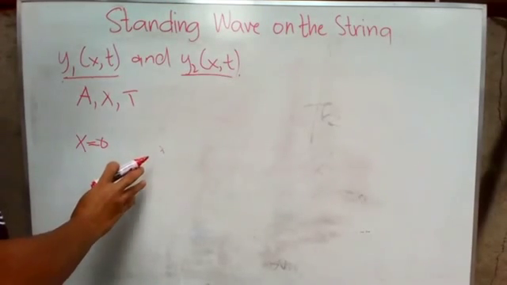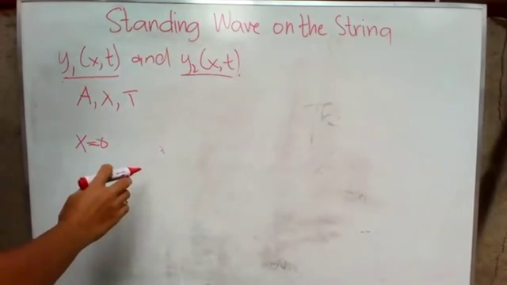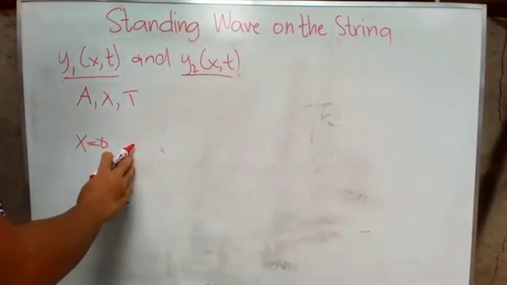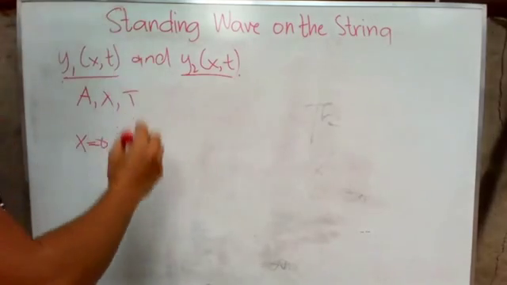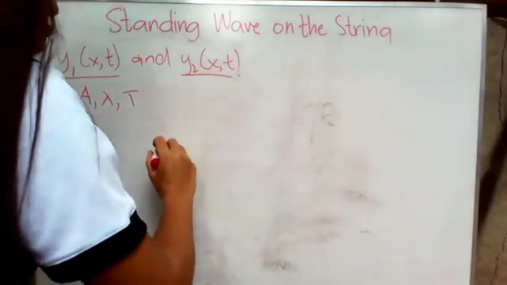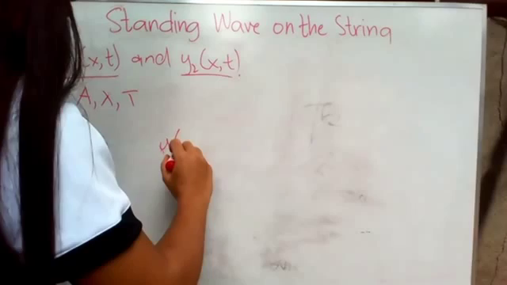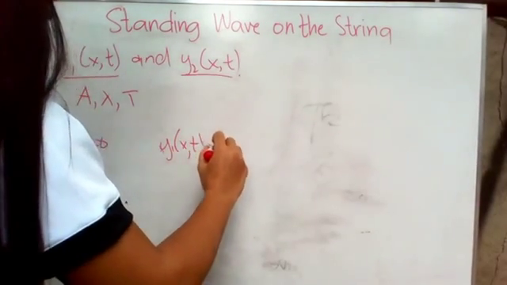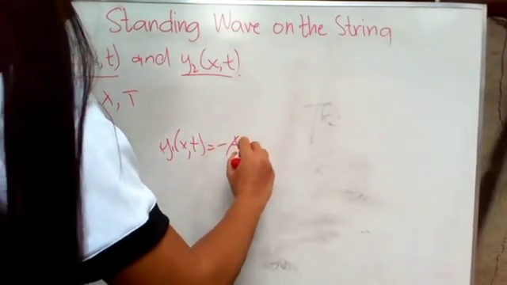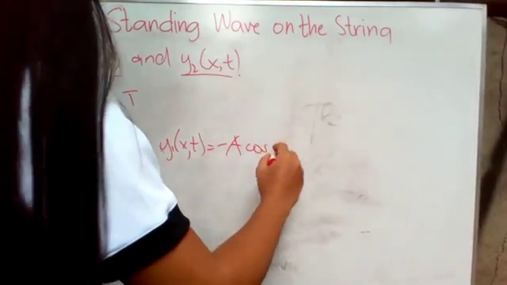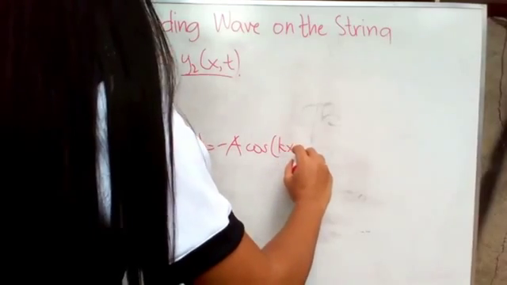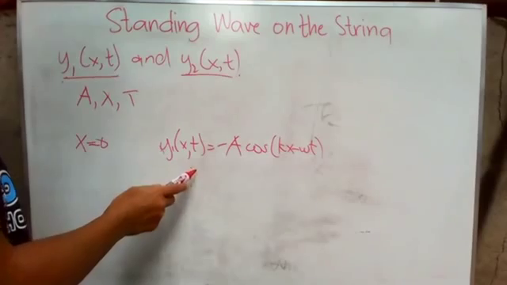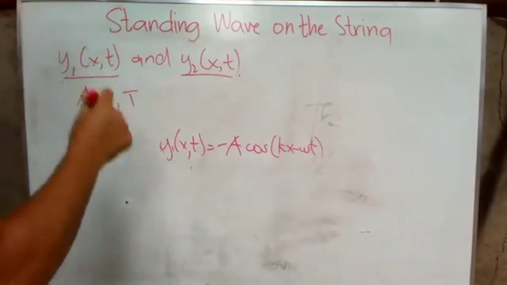A wave reflected from a fixed end of a string is inverted. So we have the negative sign: y sub 1 as a function of x and time is equal to negative a cosine of kx plus omega t. This is for the incident wave traveling to the left.